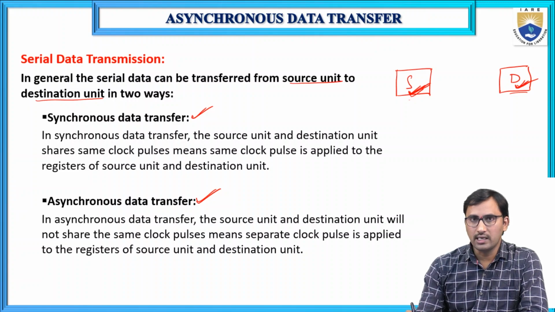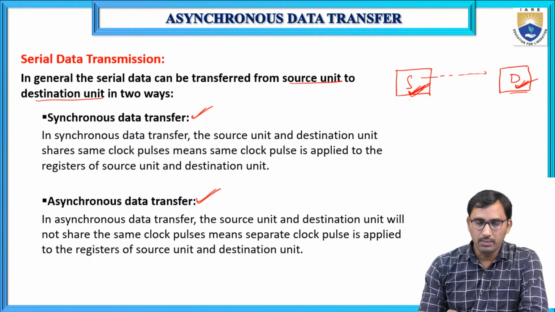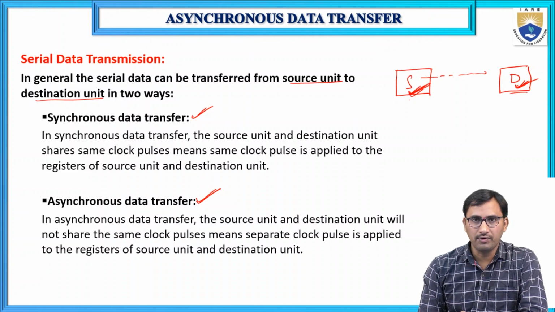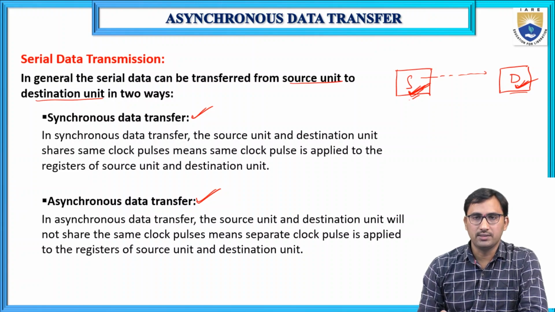The sender or source unit will transmit the data at one point of time, and the destination unit will receive the data at some other point of time. Whereas in the synchronous data transfer, both the source unit and destination unit should have synchronization. Then only the data transfer takes place.